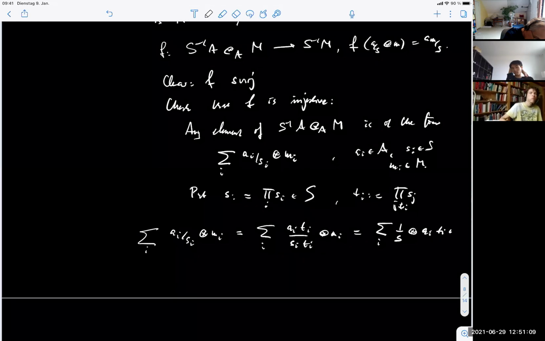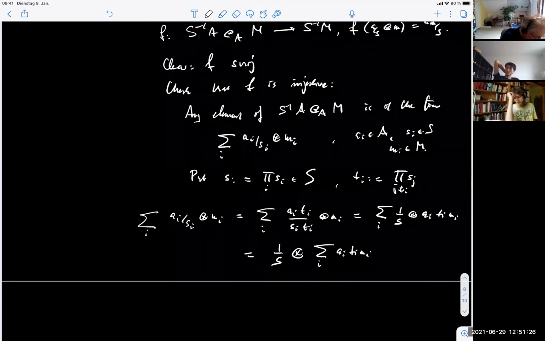This I can do because of bilinearity. Then I can pull out 1 over S. It's 1 over S tensor this thing, so this is 1 over S tensor an element of the module M.